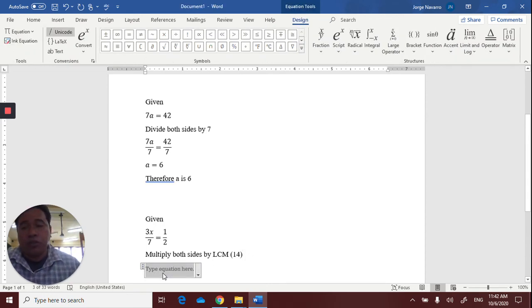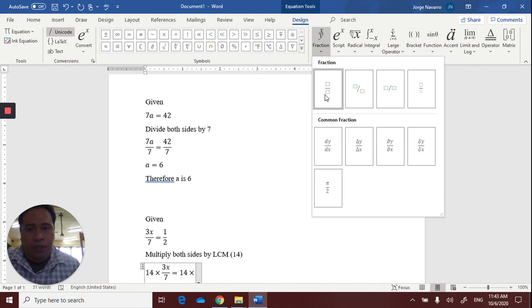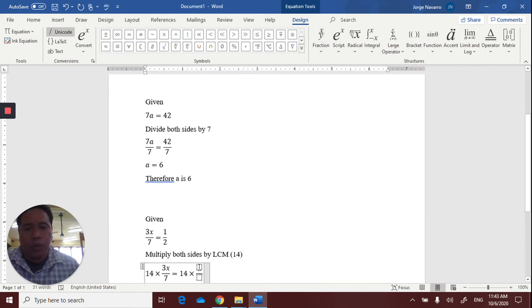I'm going to start with 14, which is the LCM, times, and put the bracket with the fraction: 3x as the numerator over 7 as the denominator, equals. I'll continue again with 14, put the times sign again, and place my fraction, which is a half, so 1 over 2.